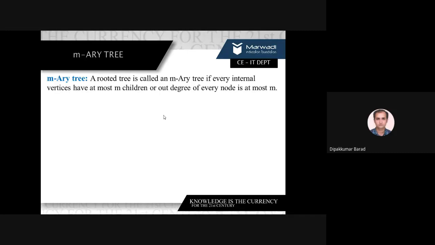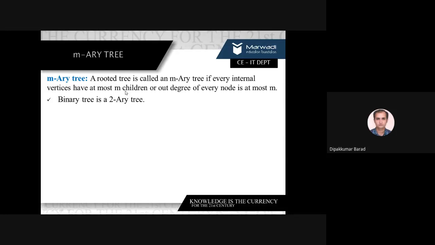Now the m-ary tree. A rooted tree is called an m-ary tree if every internal vertex has at most m children, so the out degree of every node is at most m. At most m children means this binary tree is a two-ary tree, as according to the definition of a binary tree, which has at most two children.